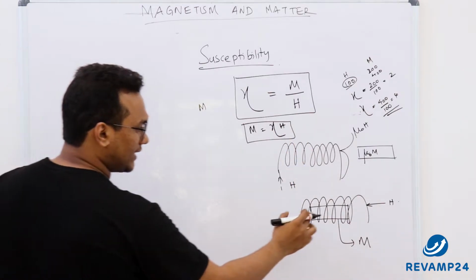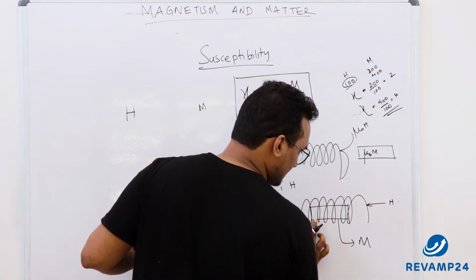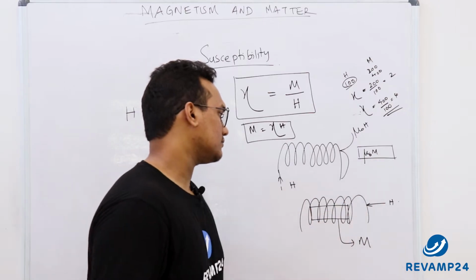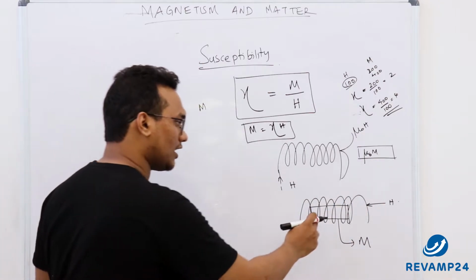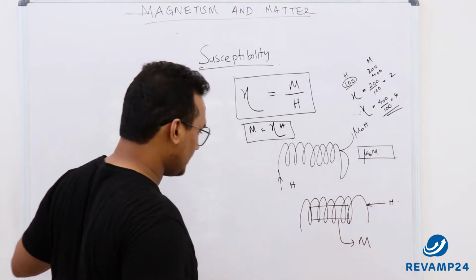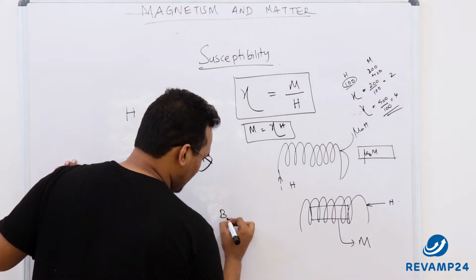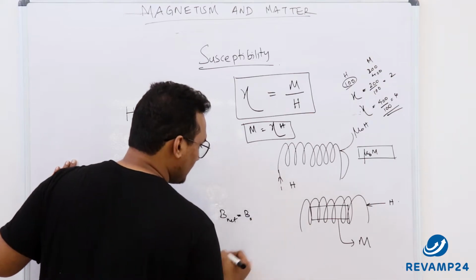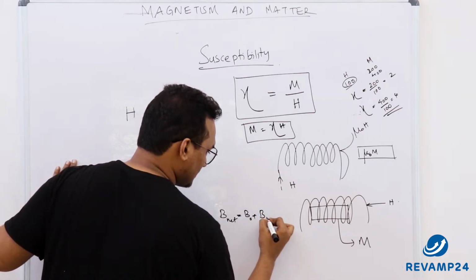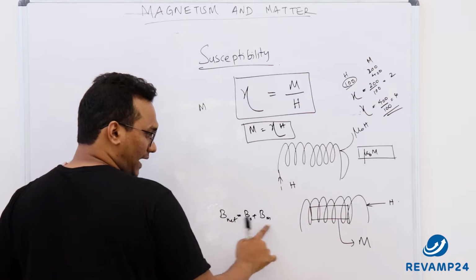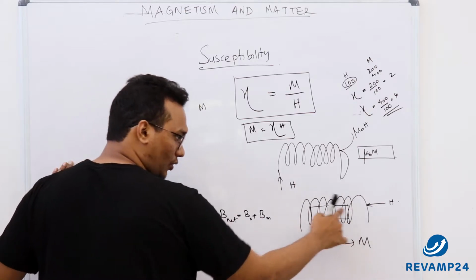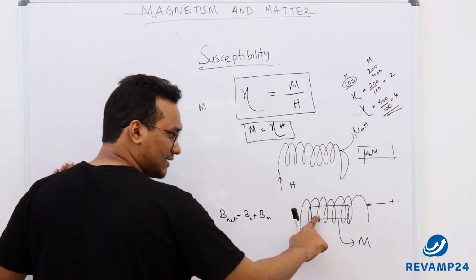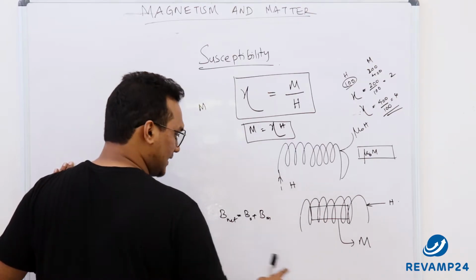Now when we are keeping a magnetic substance inside, and at the same time a solenoid outside, the total magnetic field inside, as we have learned in the previous lecture, is B net: the magnetizing field plus the magnetized field. That is the field due to the solenoid inside, B0, plus the magnetic field due to the material inside, Bm.